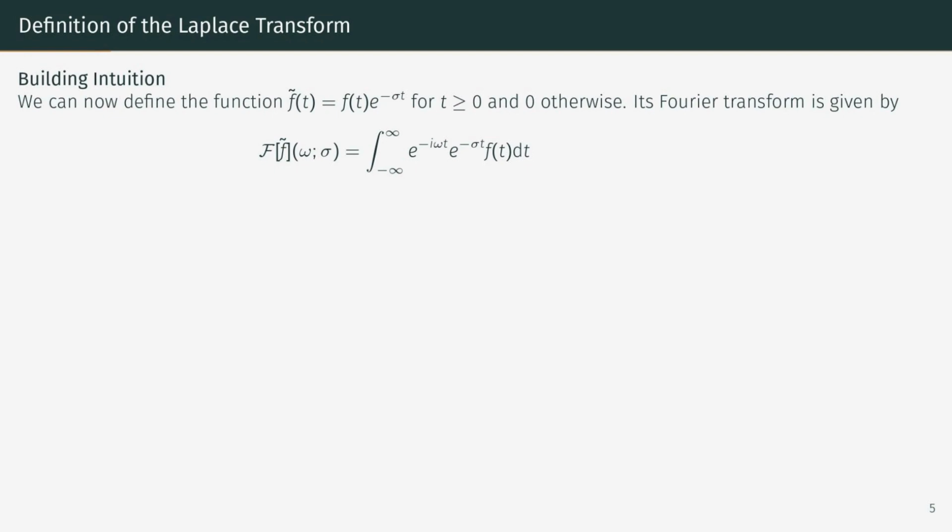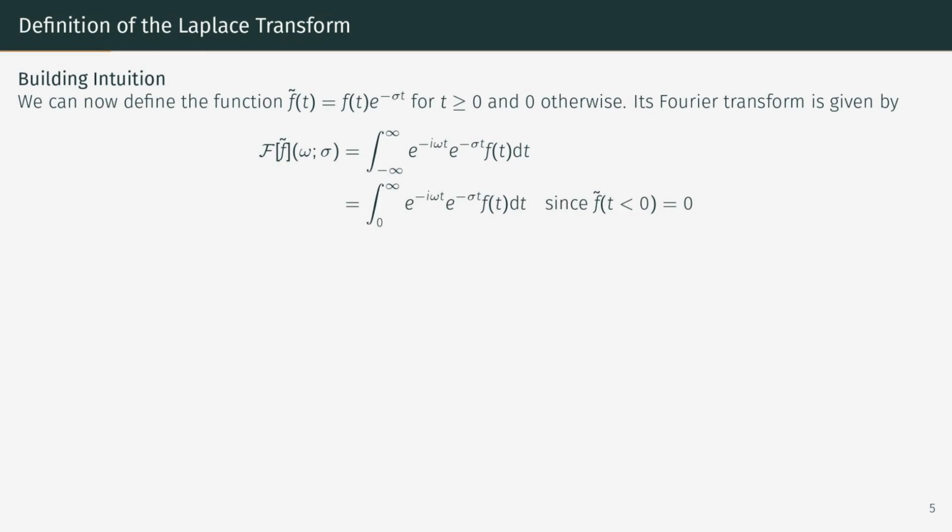Its Fourier transform is given by the Fourier transform of f tilde of omega, sigma, equals the integral of e to the negative i omega t times e to the negative sigma t times f of t dt from negative infinity to infinity, where sigma is a real number.